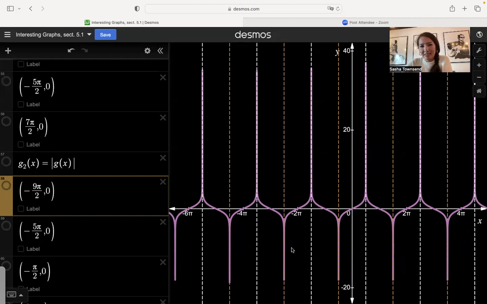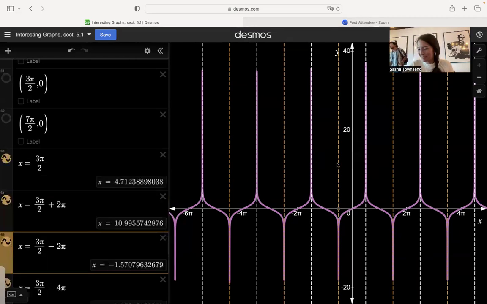But we see the branches of our log of the absolute value of secant of x plus tangent of x approach those asymptotes, and it kind of has roughly the same shape as a branch of a tangent graph or a cotangent graph, but it keeps alternating directions. And I think that's pretty cool. I think it's a pretty graph.